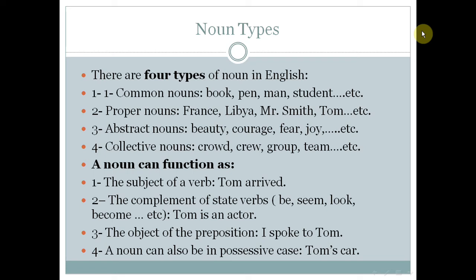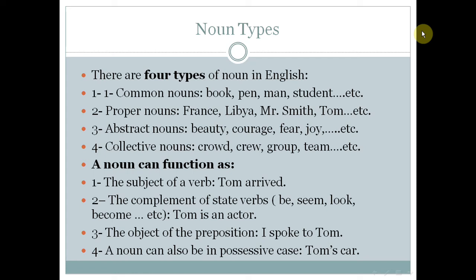Number 2, proper nouns: France, Libya, Muna, Ahmed, Mr. Smith, Tom, Khadija, etc. So there are 4 types of noun in English. Number 1, common nouns.